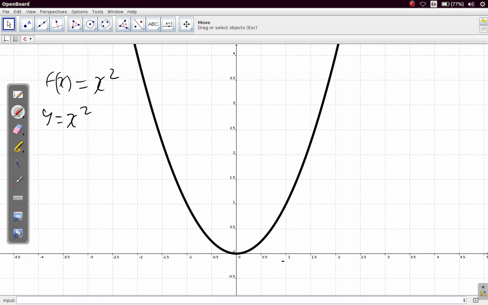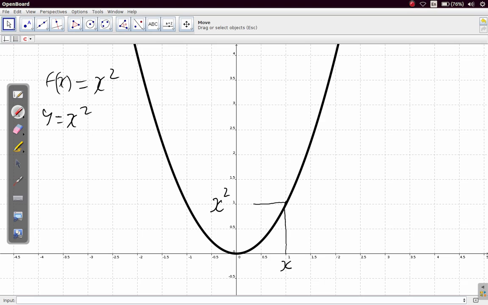Alright, let us say our x is here. And if our x is here and we project to the curve and go to the left, this is our y. But what is y? This is x squared. Now, we take another point.